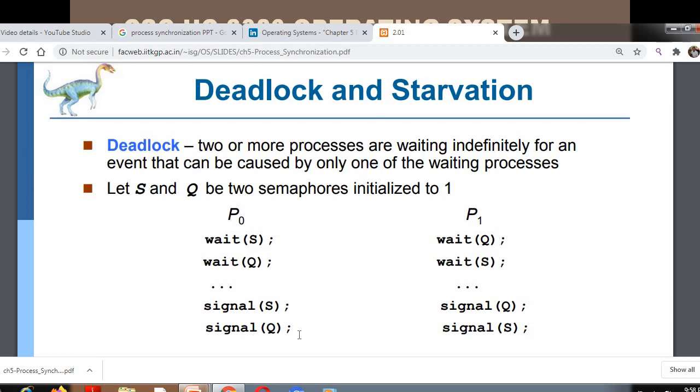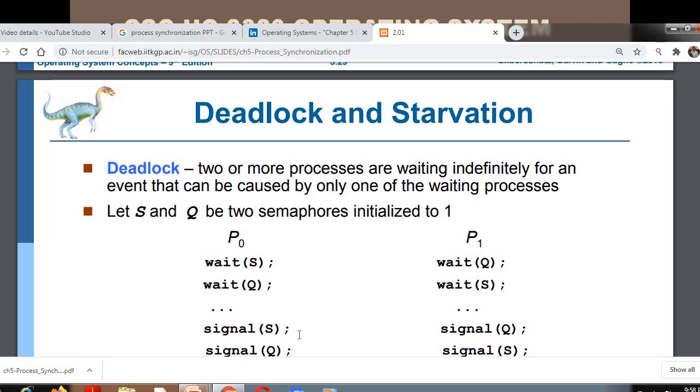Now we come to deadlock and starvation. Deadlock is a situation where two or more processes are waiting indefinitely for an event that can be caused by only one of the waiting processes.